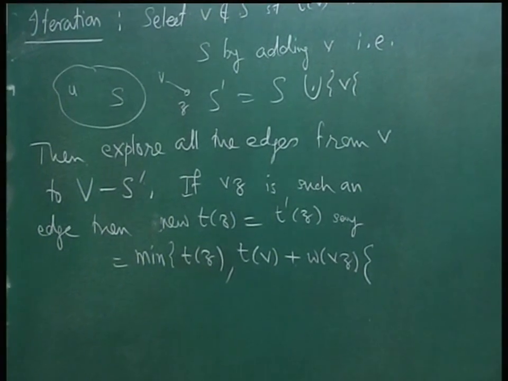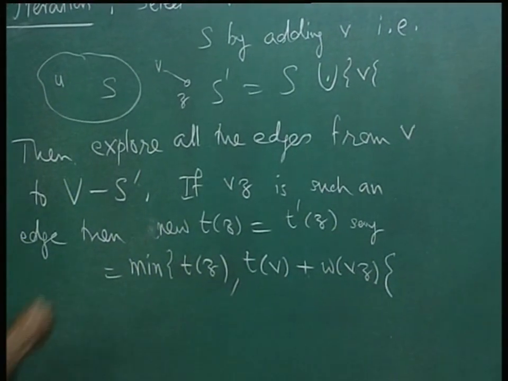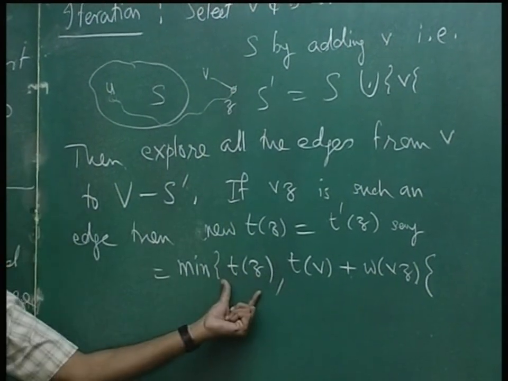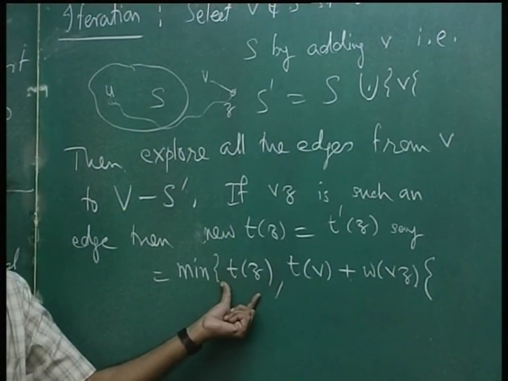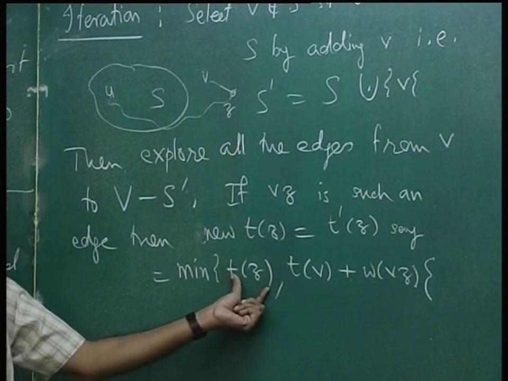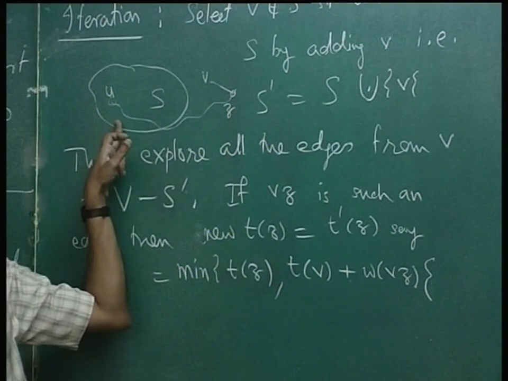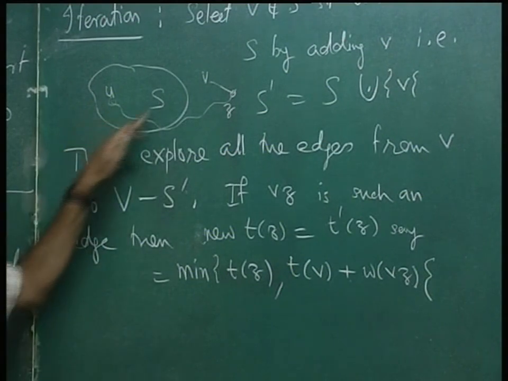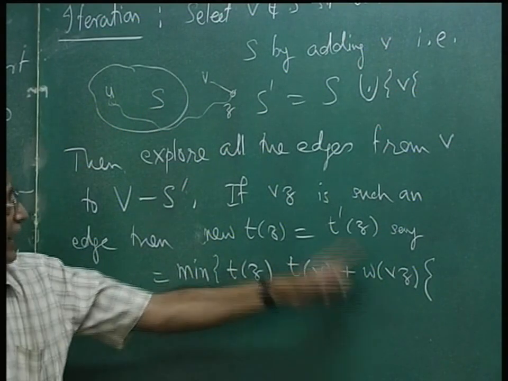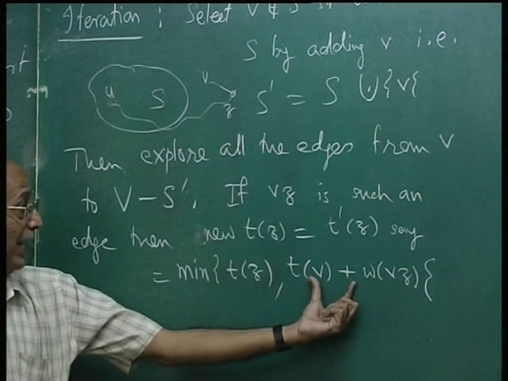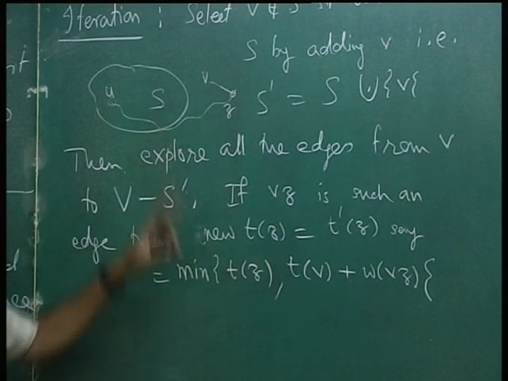What does that really mean? There was a path from U to Z earlier that had that much of weight. Okay, T of Z is minimum so far. Now that you have added V to the bag, maybe you can go through V, add the weight of that edge Vz, and maybe what you get may be smaller.